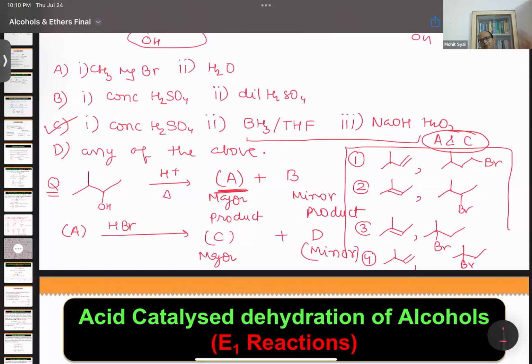We have discussed that also. So the more branched alkene is going to form. Do you agree with it or not? That we have seen in the previous chapter also of alkyl halides, right? So you are going to go for second and third option.